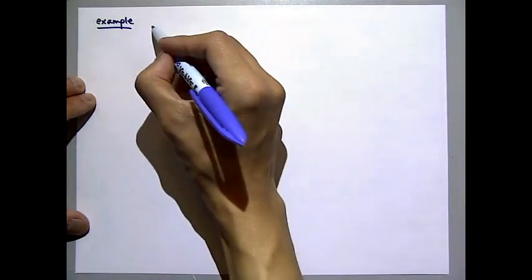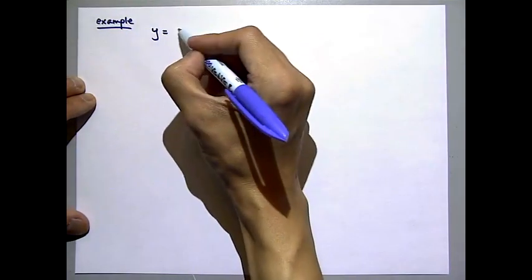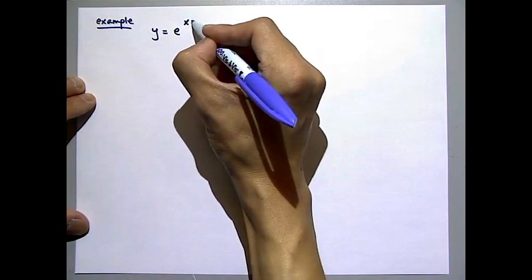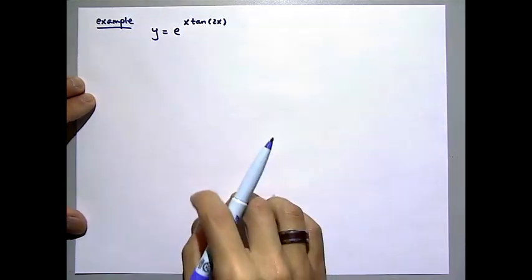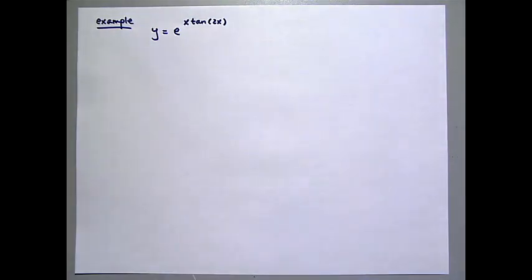Okay, let's look at other combinations of these rules all mixed together. e to the x times tangent of 2x.